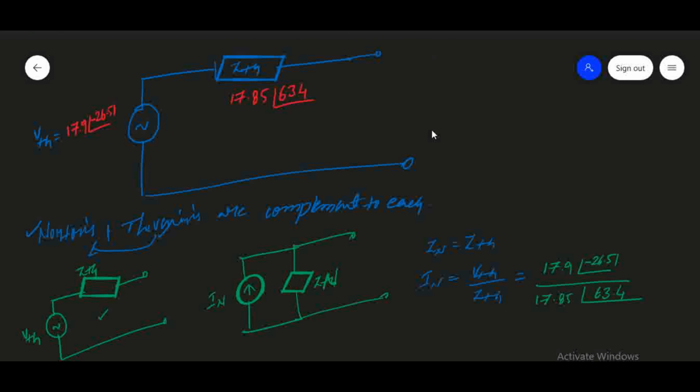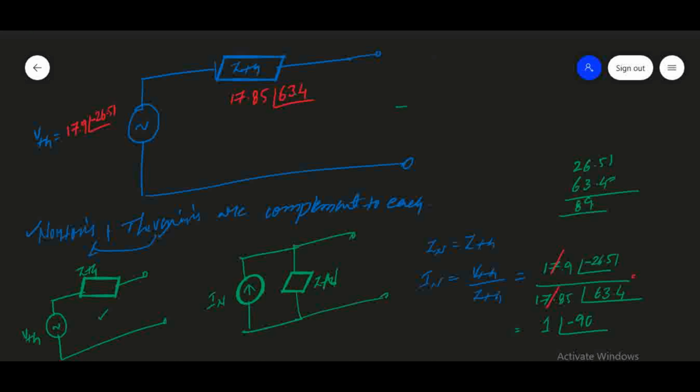So the magnitude gets cancelled, and you get 1 with an angle of minus 26.51 minus 63.4, which is 89 point something, approximately minus 90. So this is your IN.